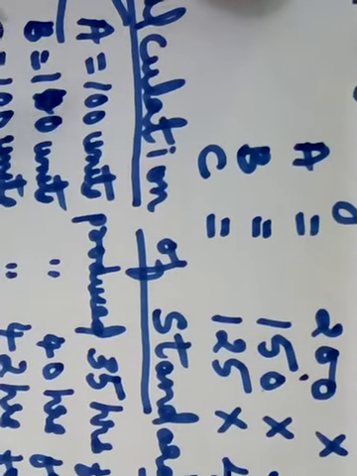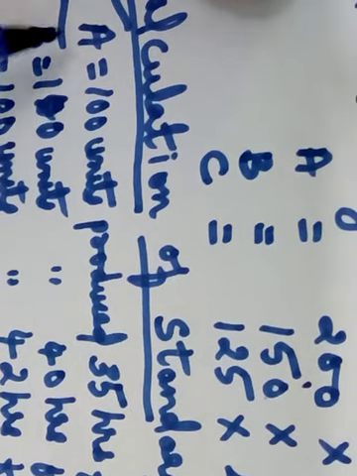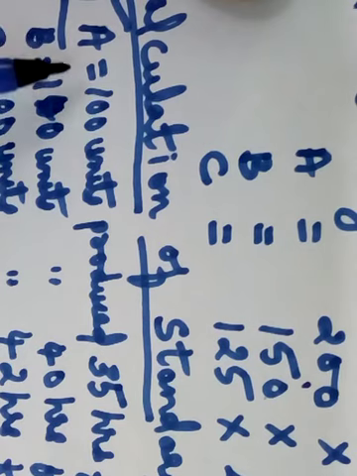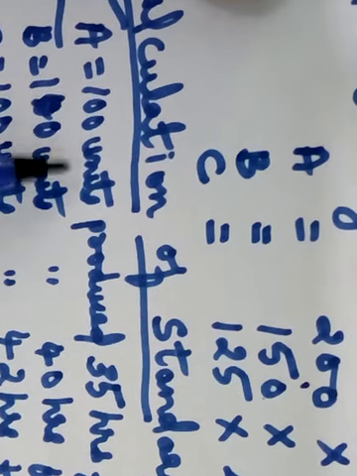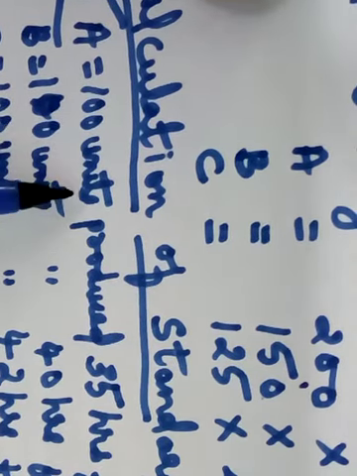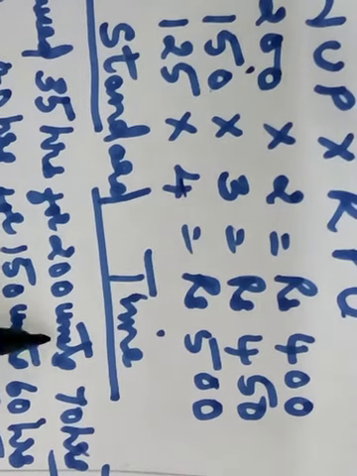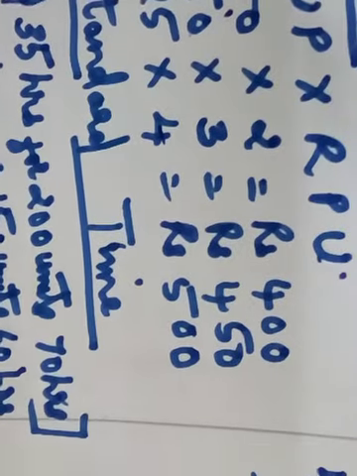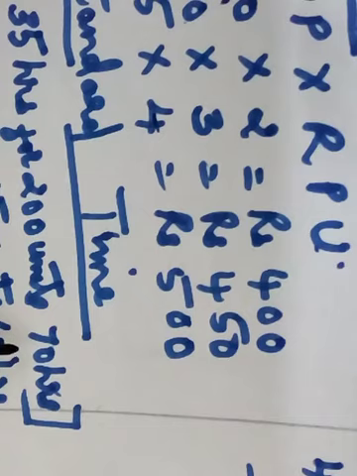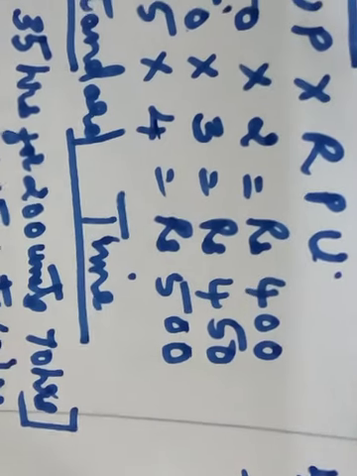For A, the standard hours fixed for 100 units is 35 hours, but the actual production of A is 200 units. Therefore the standard time fixed for A is 70 hours.